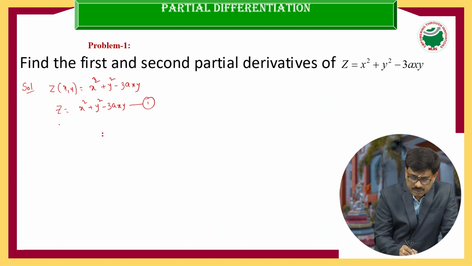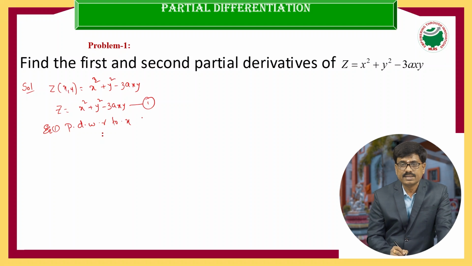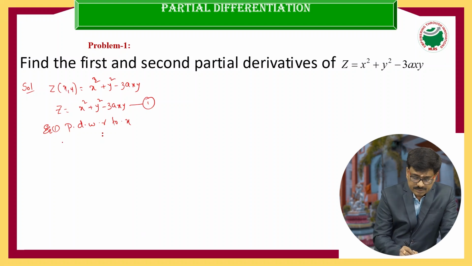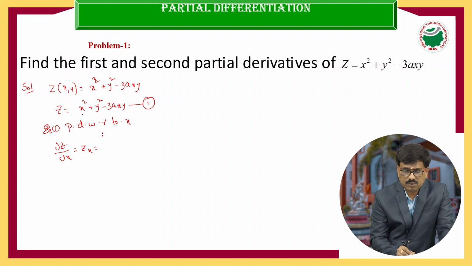Okay, let me talk about the first order partial derivative. Equation 1, partial derivative with respect to x I can find. What happens with respect to x? This becomes dou z by dou x; some notations write zx. If I calculate the derivative of x square, you are familiar with the derivative of x power n. What is the x power n derivative? n into x power n minus 1.